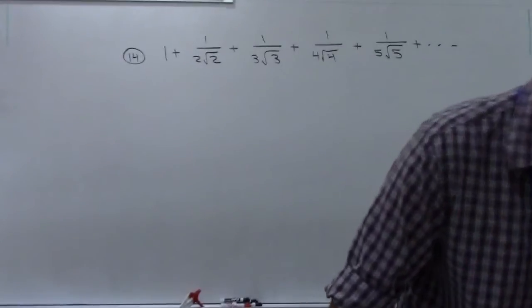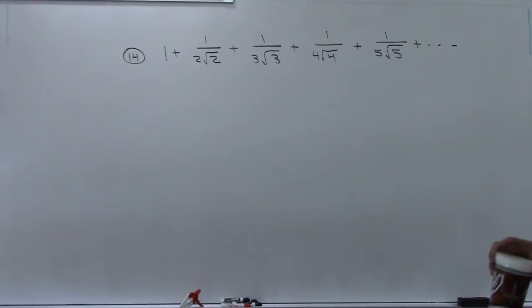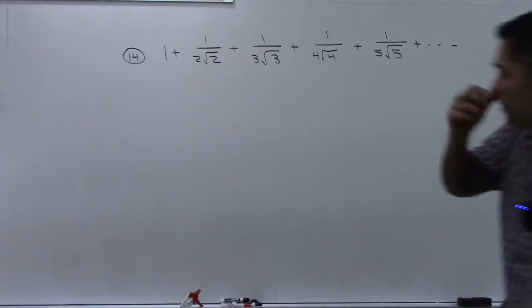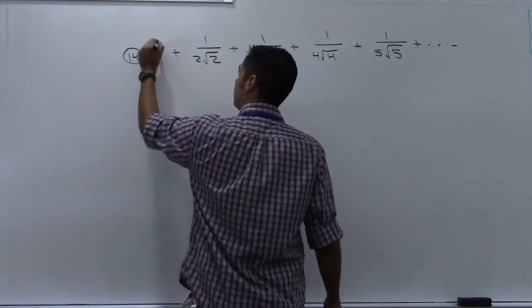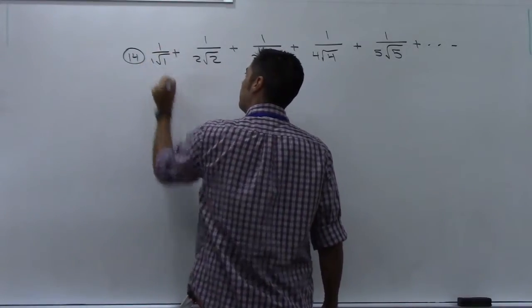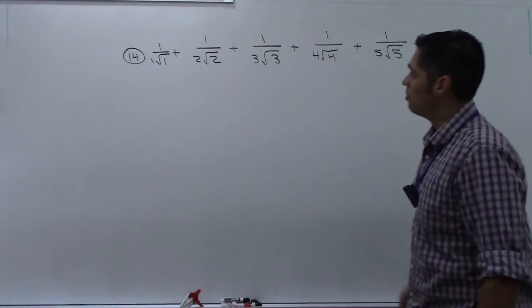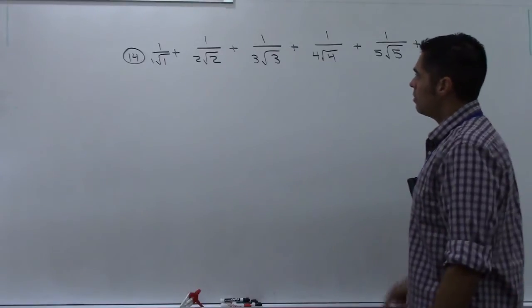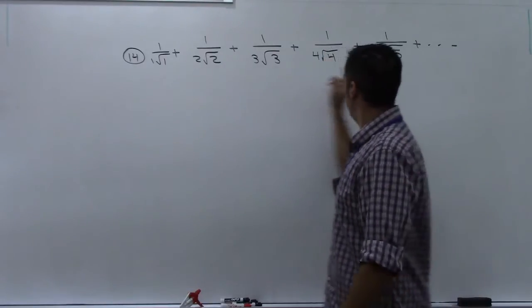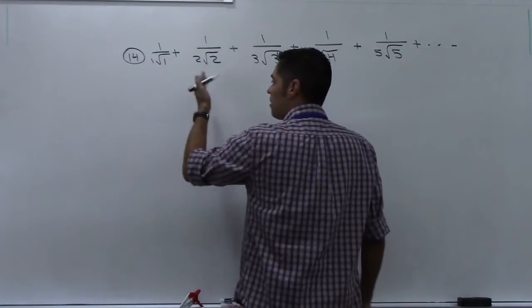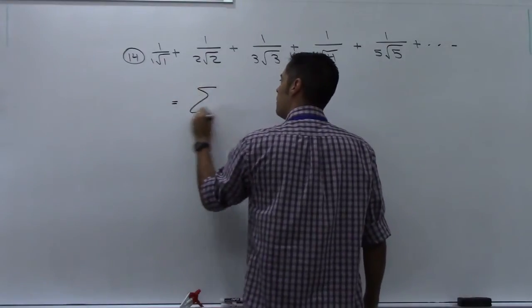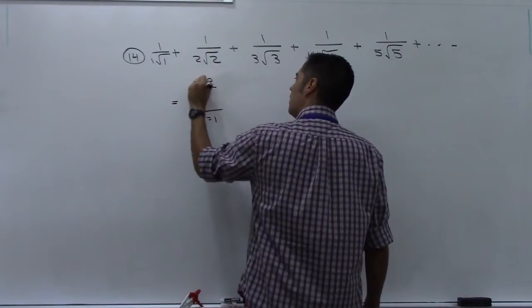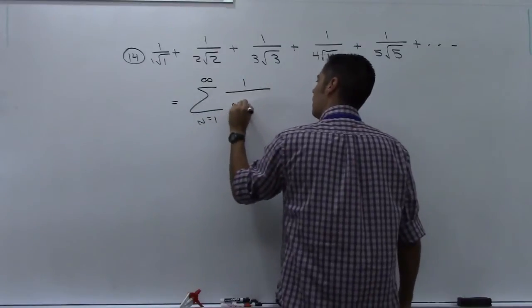If I didn't, sorry. All right, well, that first one looks to me like 1 over 1 root 1, 1 over 2 root 2, 1 over 3 root 3. So it looks like I just keep on going up, 1, 2, 3, 4, 5, and it's just the number and then times the root. So sum n equals 1 to infinity, 1 over n root n.